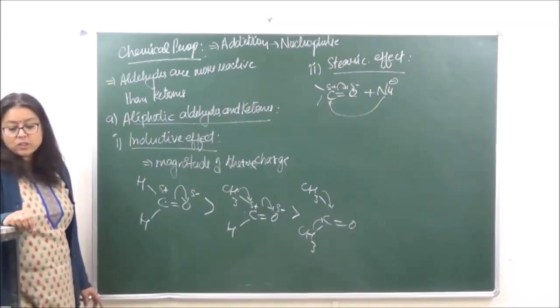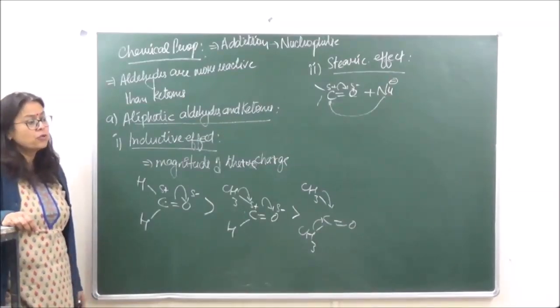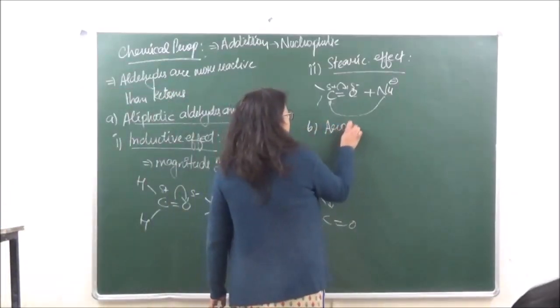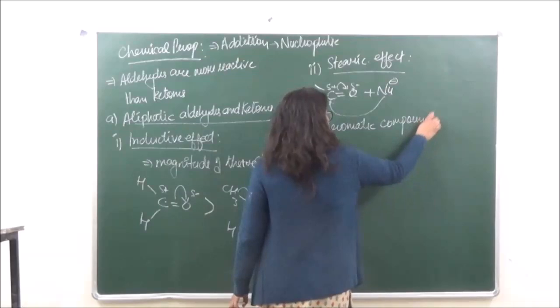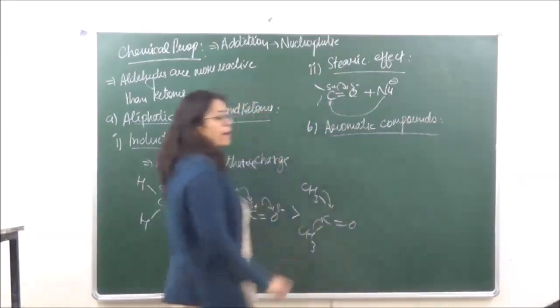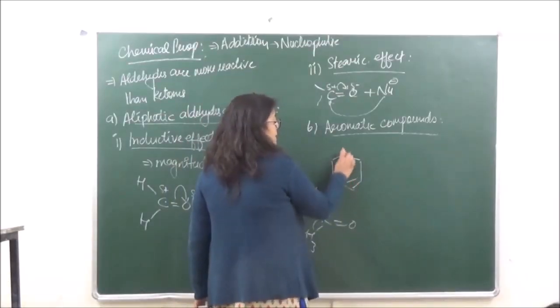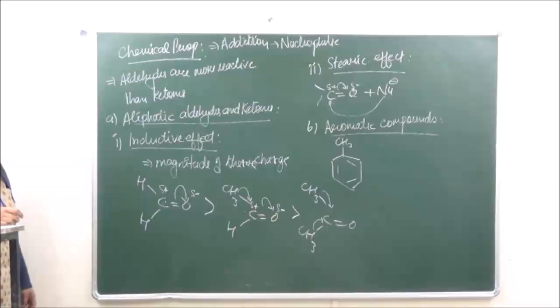Okay? Now in the case of aromatic carbonyl compounds, what is the R group present going to do? Let's say we are taking the second type, which are aromatic compounds. Now in this case, you know that if there is an alkyl group present, a CH3 group or OCH3 group, it is going to withdraw electrons from the benzene ring.